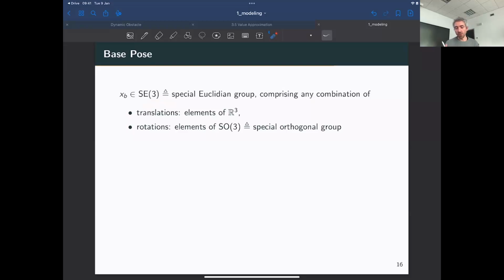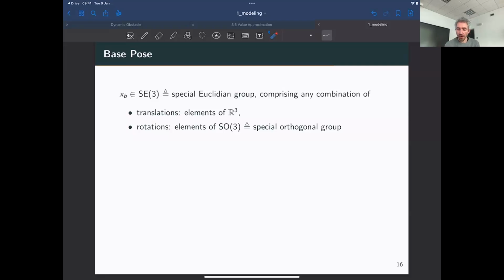We can think of it as a combination of a translation and a rotation. Translations are easy because they are just living in a Euclidean space. So they're just elements of R3. You have just three scalar values, period. And that represents the position of this body. The tricky part to work with is the orientation, because there we have different ways to represent it.